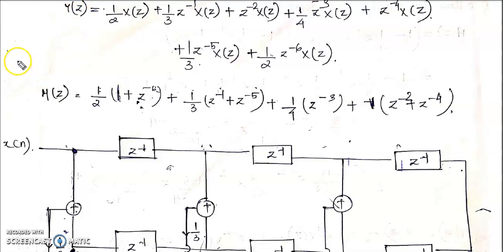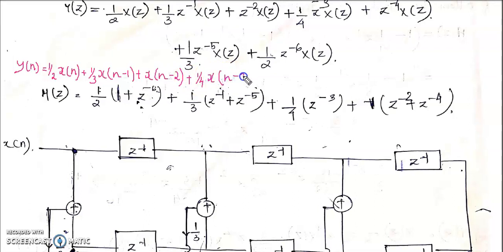It can be represented as y of n is equal to 1 by 2 x of n, that is the first term, plus 1 by 3 x of n minus 1, which is 1 unit delay, and x of n minus 2, 2 unit delay, with filter coefficient 1, and here 1 by 4 is z raised to minus 3, so we have 3 unit delay.